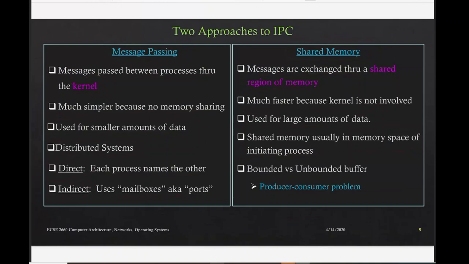Now, in shared memory, you can be using a buffer to move contents from one process to the other. And that buffer could be bounded or it could be unbounded. To explain this, we can use a very popular problem, the producer-consumer problem. The producer-consumer problem is a common paradigm for cooperating processes.